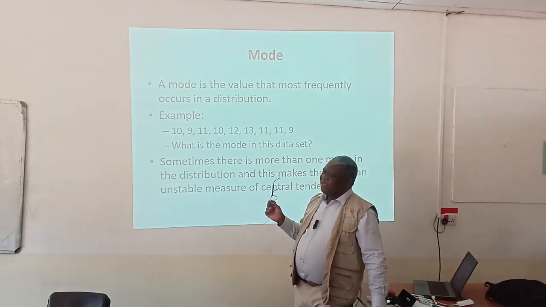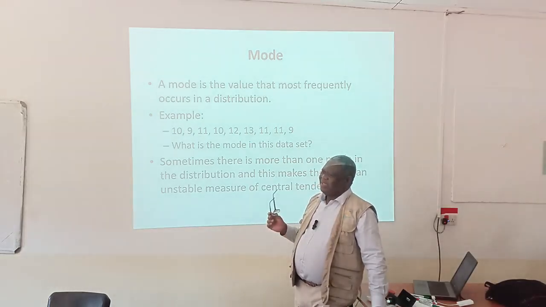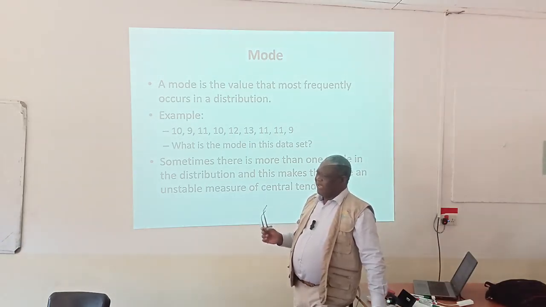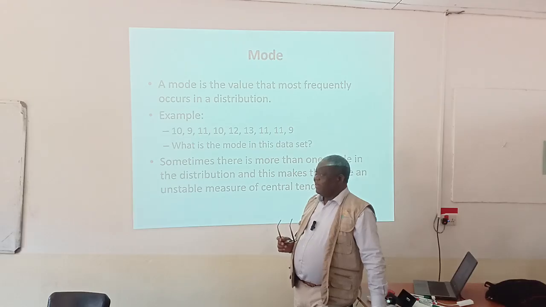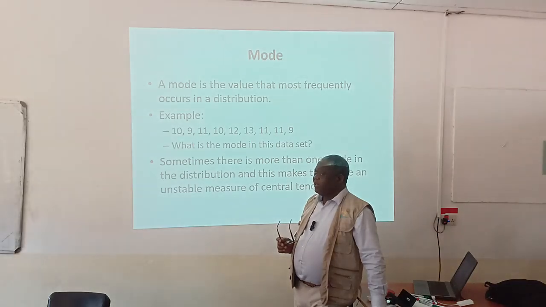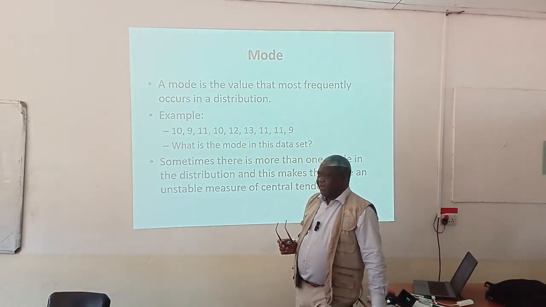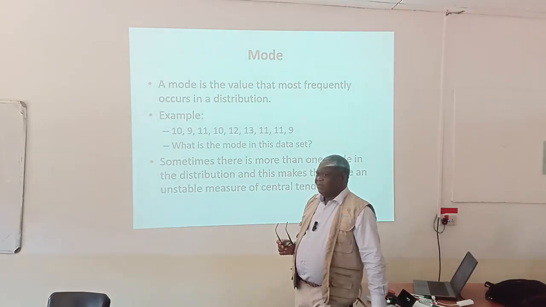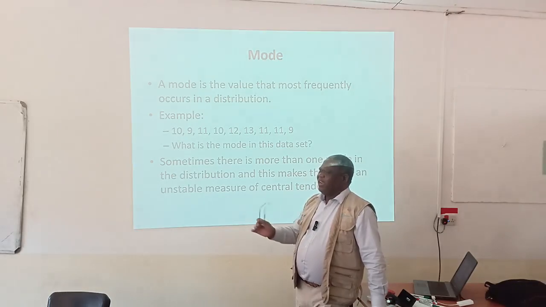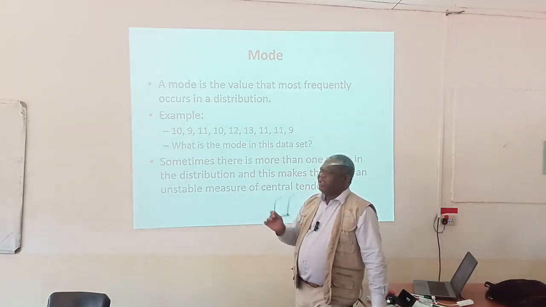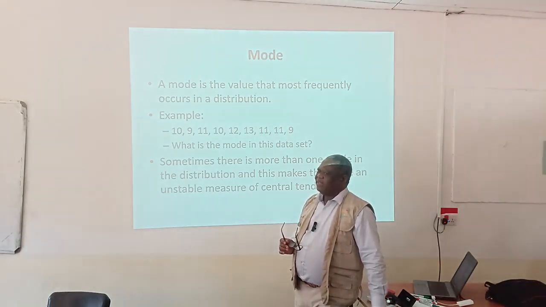If in that 1,000 people, you measured their income and you found that the most frequent occurring level of income is 5 million kwacha. Maybe 300 of them earn an income of 3 million kwacha.